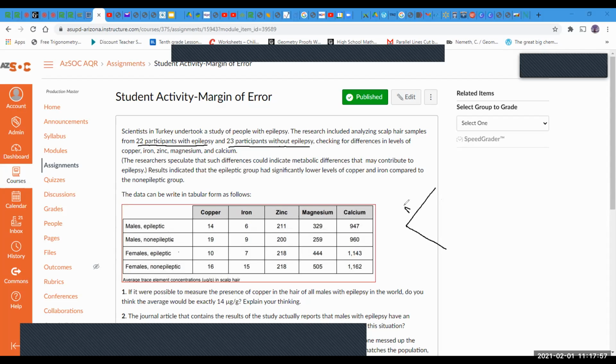This is male and this is female. We can divide male into 2, epileptic and non-epileptic, and female also into 2, epileptic and non-epileptic.